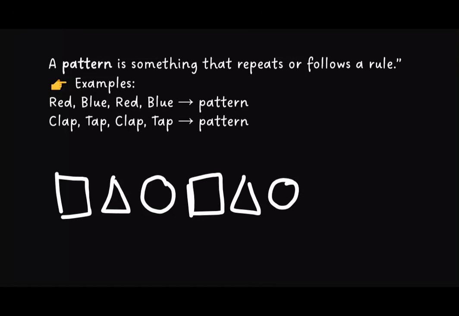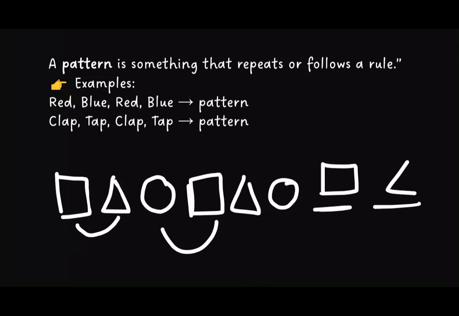Now you can see square, triangle, circle, square, triangle, circle. Now what will come next? After circle, what will come? After circle will come square, and after square, what will come? Look back at the pattern. After square will come the triangle. This is the shape pattern.